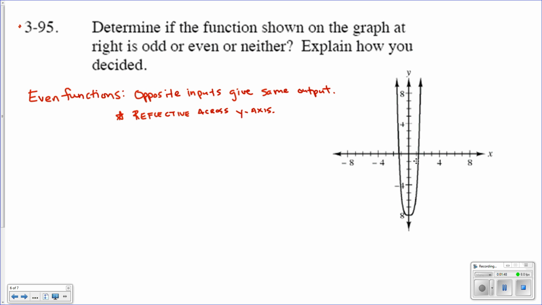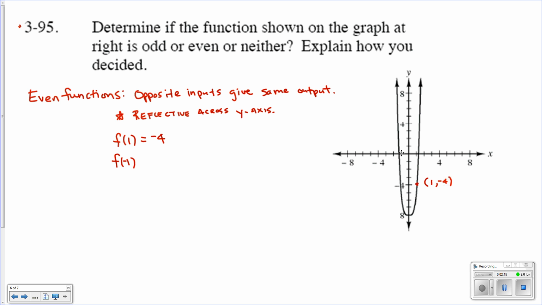If I plug in 1 there, it looks like my output is maybe -4. I've got this point here at 1, -4. So when I would have plugged in 1 into my function, my output would have been -4 there. Now the opposite input to 1 would be -1.